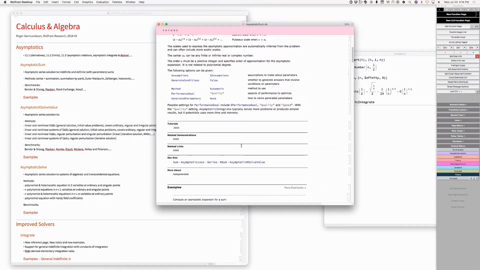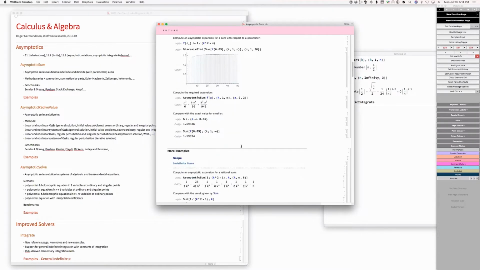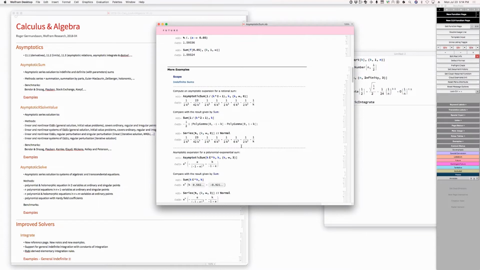I thought these were necessary internal parameters for some sub-sum that it was doing or something. No. Okay. So that's an indefinite sum there. Yes. Fair enough.